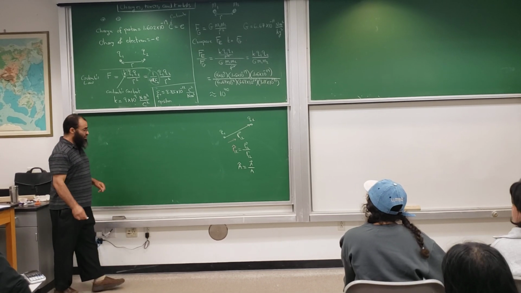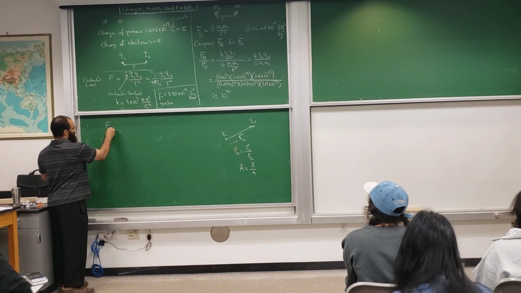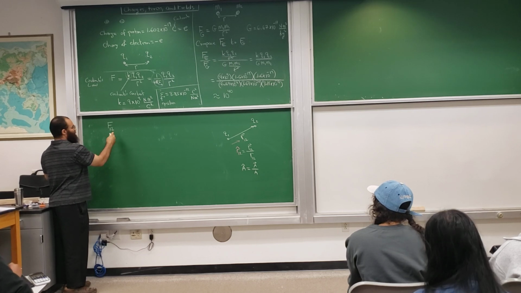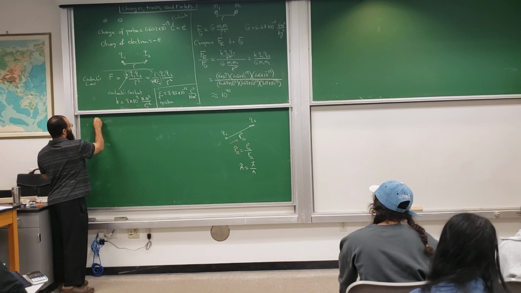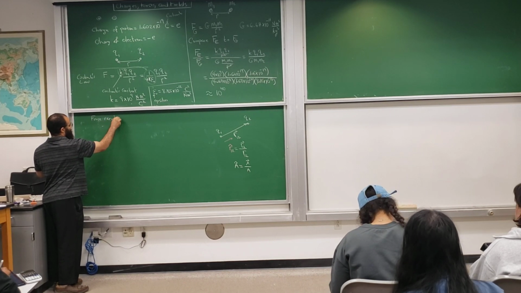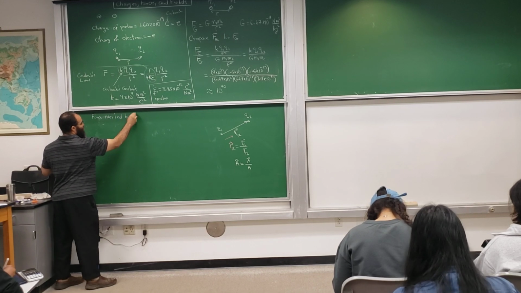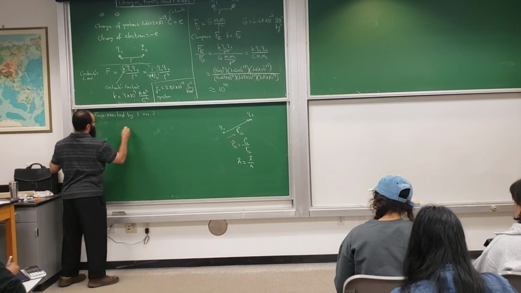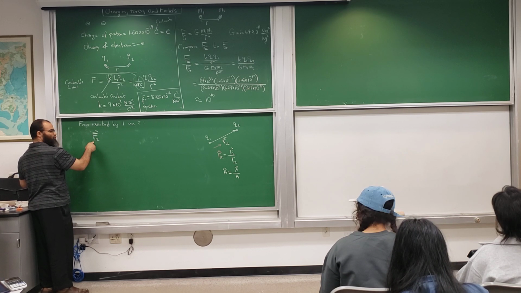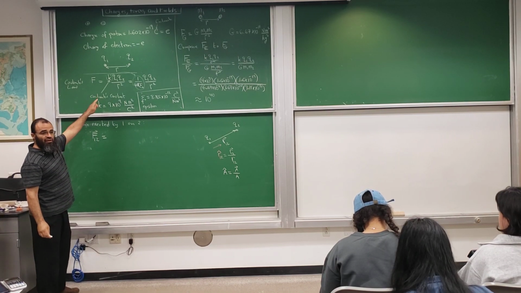So let's write Coulomb's law with vectors. The force exerted by 1 on 2, the force due to charge 1 on charge 2, is equal to... The magnitude is given by what I wrote earlier.